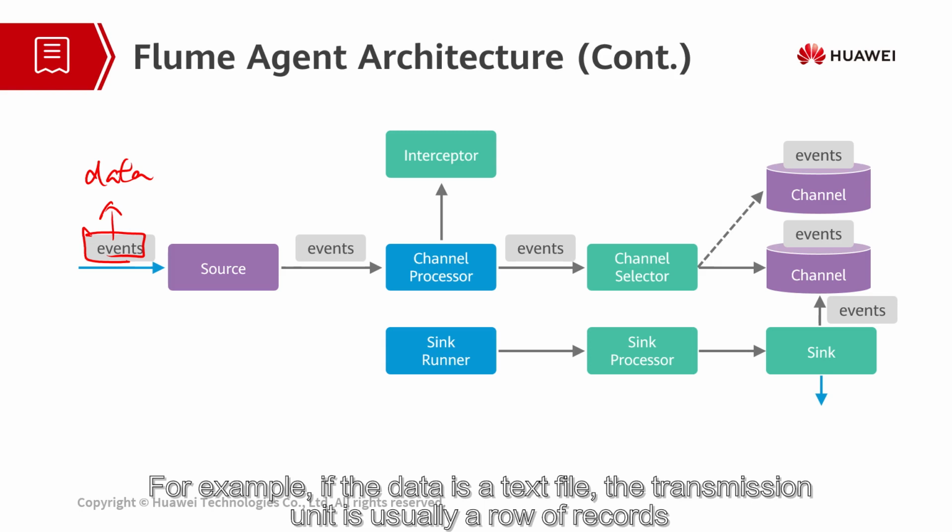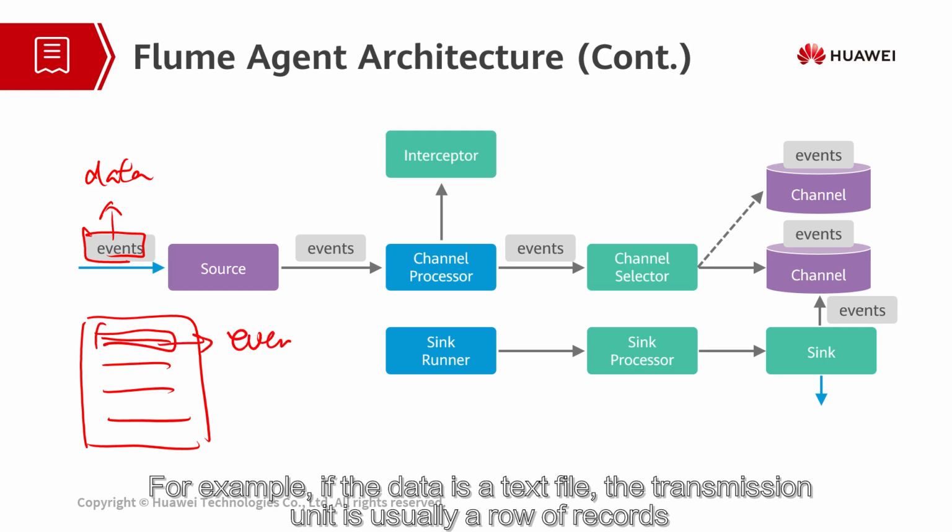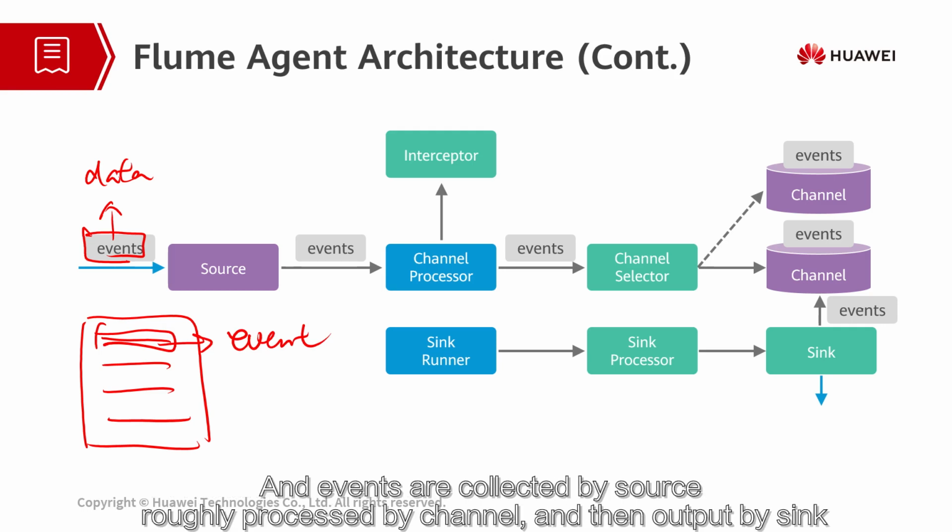For example, if the data is a text file, the transmission unit is usually a row of records, and events are collected by source, roughly processed by channel, and then output by sink.